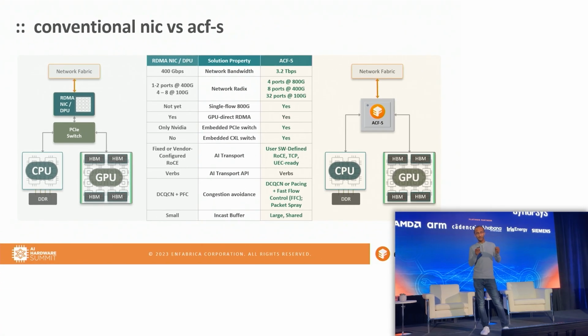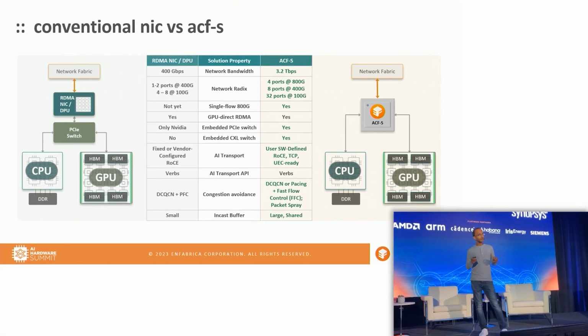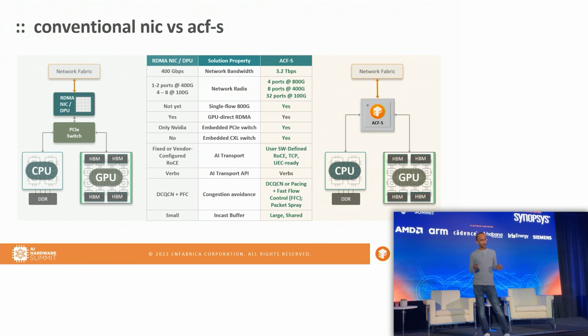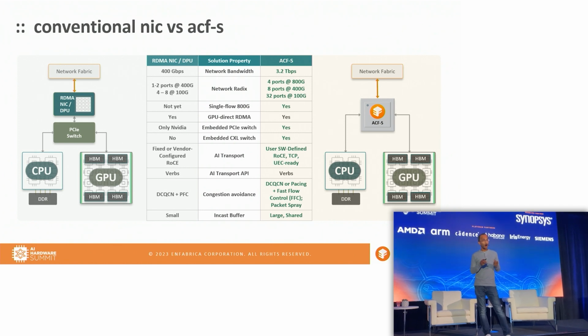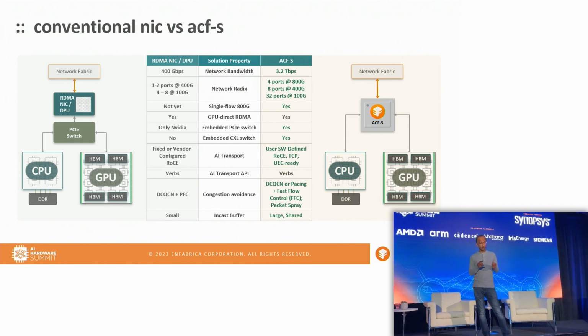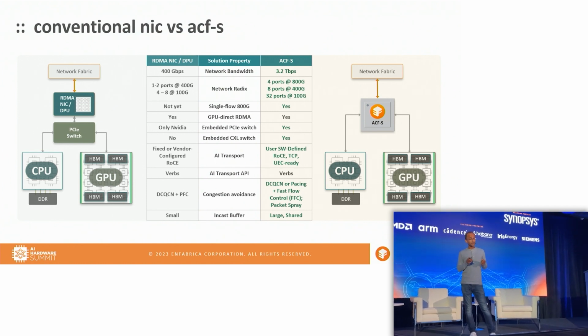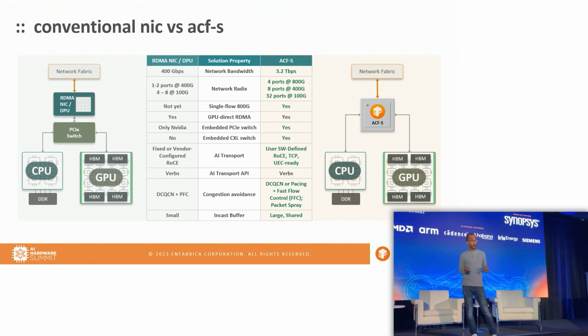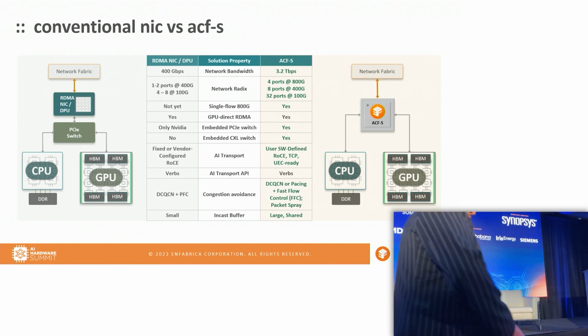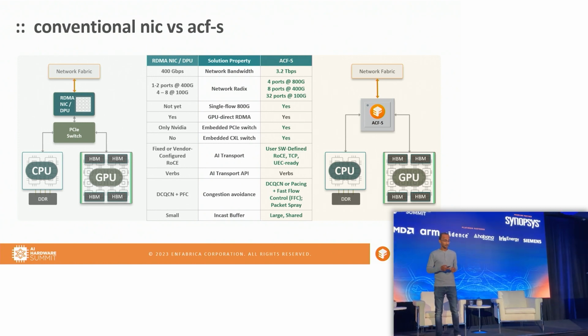But that's the speeds and feeds story. Fundamentally, network performance is very much an operationalized problem. And in that operational problem, much of that is governed by the transport layer of the network and how resilient and how performant that transport layer is across hundreds, thousands, tens of thousands of nodes.